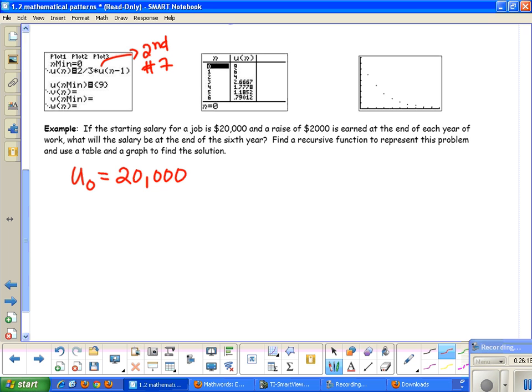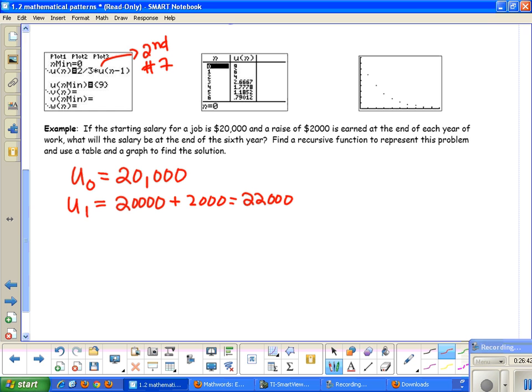And at the end of each year, you're going to earn a raise of $2,000. So then my second term, so u sub 1 would be equal to 20,000 plus 2,000, which is equal to, of course, 22,000. So that's how much I'd be making at the end of the year.